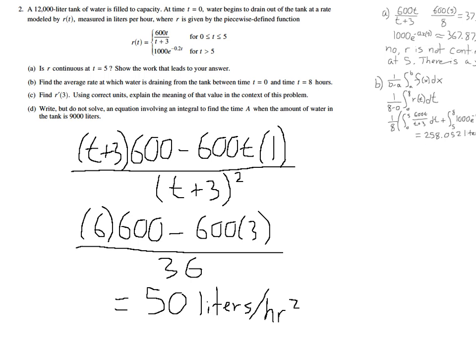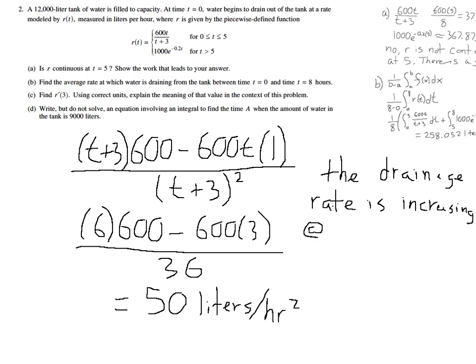And to explain that, because it says explain the meaning of that value in the context of this problem, we could say the acceleration of the drainage is 50 liters per hour squared, or we could say the drainage rate is increasing at 50 liters per hour squared at time equals 3.